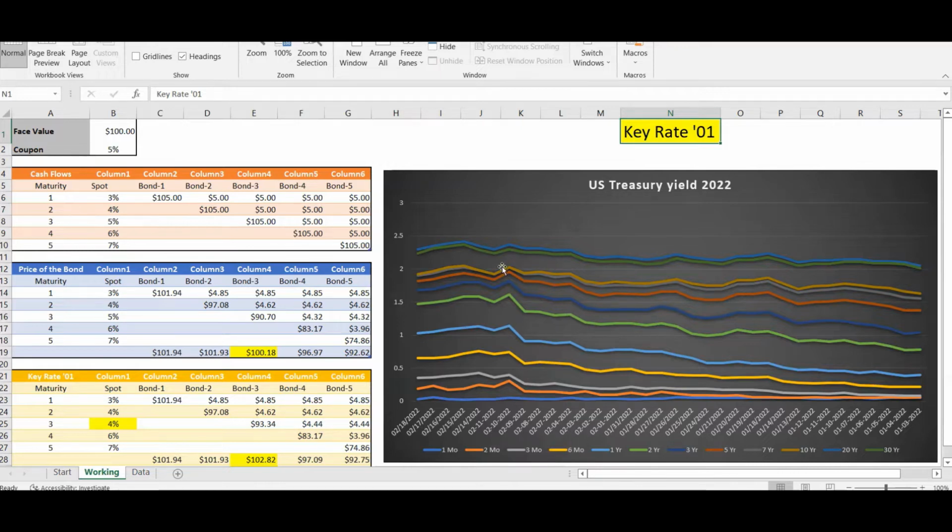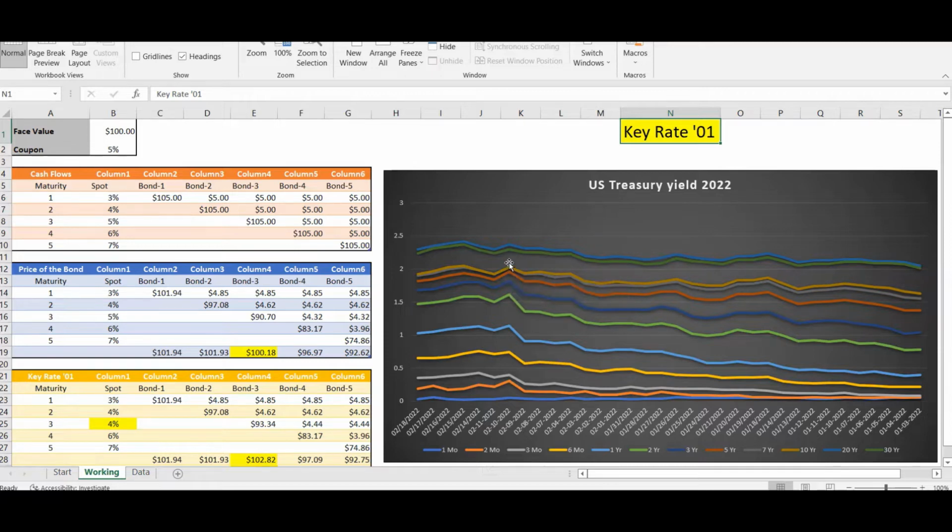This is a demonstration of the actual data. If I refer to this particular region of the graph, you can see that the 1 month rate has not moved that much on February 10, 2022, whereas the 2 month and 3 month rates, likewise across all the tenors, show a shift all the way till 3 years, and after that the change is not that high.